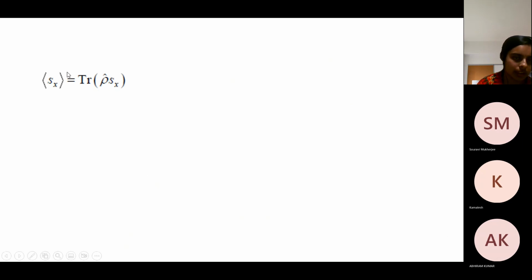But don't make this mistake of writing rho in some basis and Sx in some other basis. Both should be in the same basis when you are doing this, the basis representation should remain the same. So you know the representation of rho in the sigma z basis, you know the representation of Sx in the sigma z basis, then try to multiply both of them and then find the trace of it. What do you get?